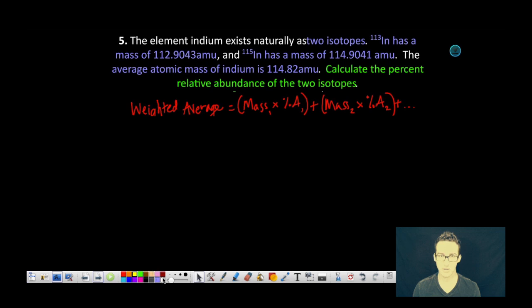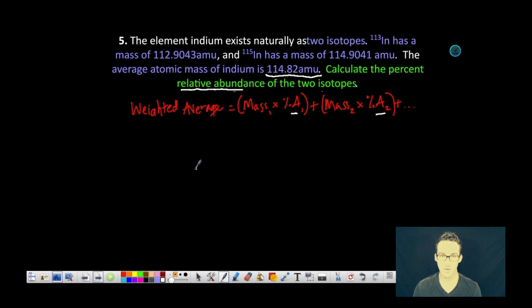We're told that the weighted average of indium is 114.82 AMU. What we're asked to find are the relative abundances or percent abundances of each of them. So we're going to be looking for these 2 things. Now we can tell that they're not the same number because the weighted average isn't halfway between the two isotopes. So how are we going to figure out what they are?